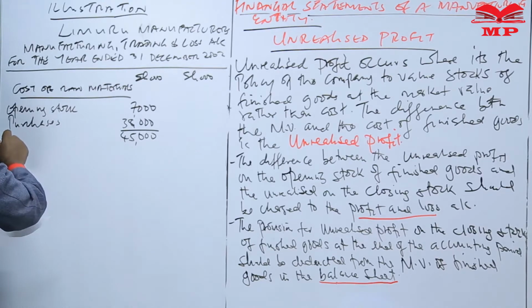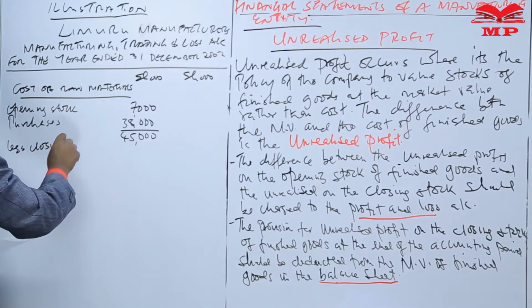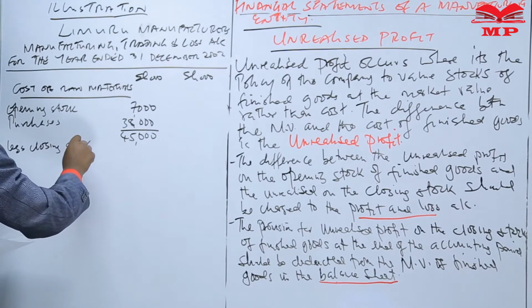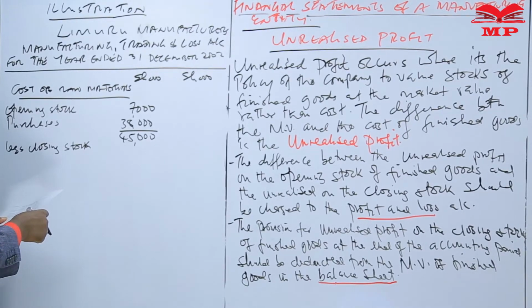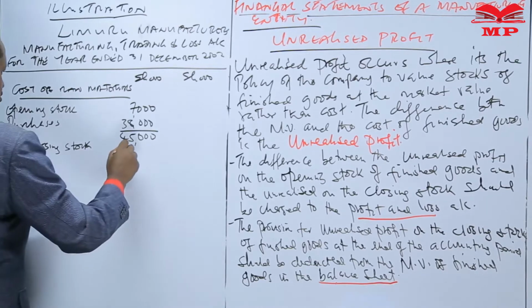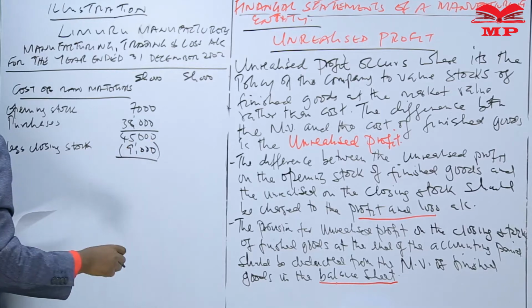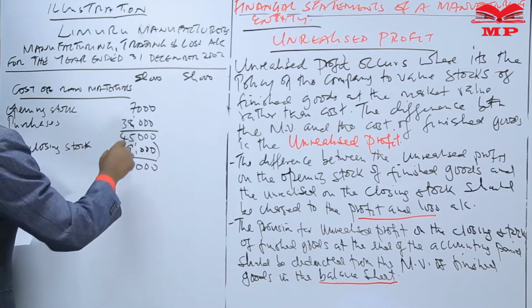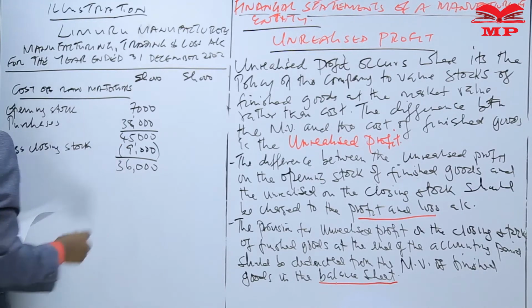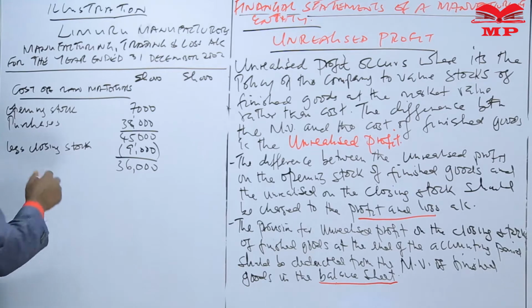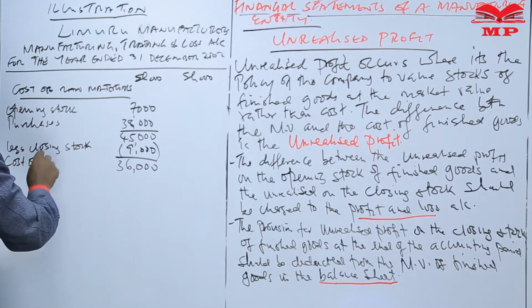Then we less closing stock of raw materials, 9 million. Deduct. This will be equal to 36 million, the cost of raw materials consumed.